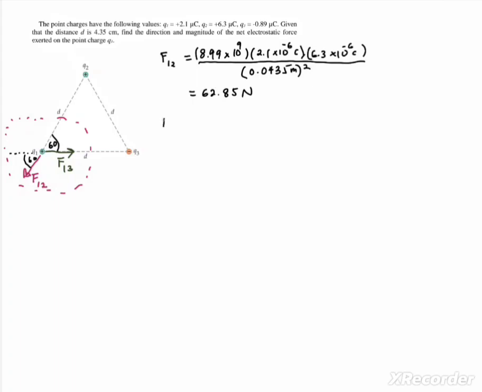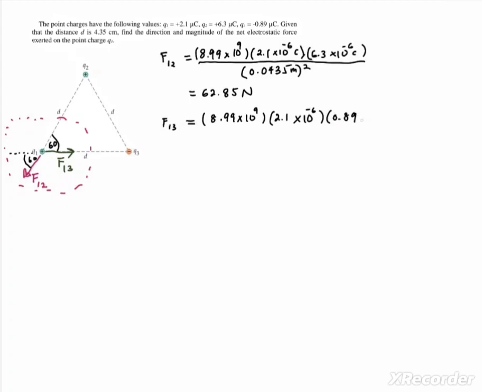Now similarly, let's find F13. So we have k Q1 Q3 divided by r squared. We have 8.99 times 10 to the 9th, 2.1 times 10 to the negative 6, and we only take the absolute value, which means the positive value.